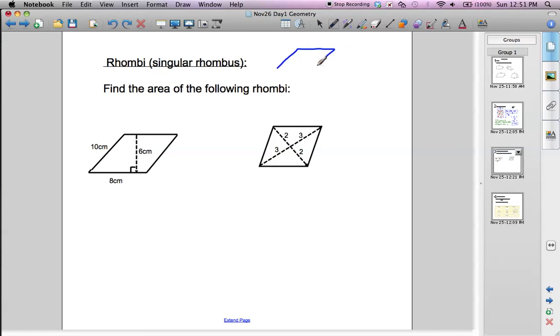A rhombus, by definition, is 4 congruent sides. But a rhombus is also a parallelogram, because if you have 4 congruent sides in a quadrilateral, you're automatically going to have a parallelogram. The opposite sides are going to be parallel.